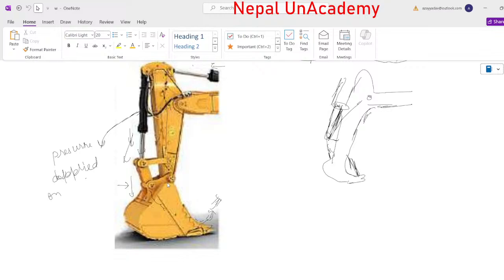Now we are in the topic, so we have covered those things in the previous class. Now we are in class day 3. So now our topic is the construction and working mechanism of hydraulic machine.